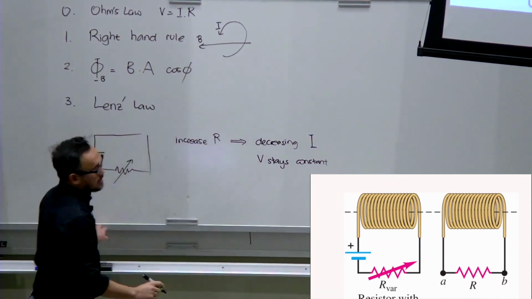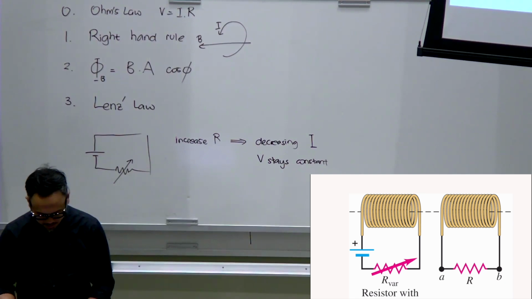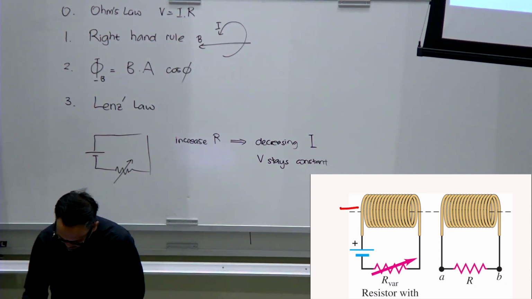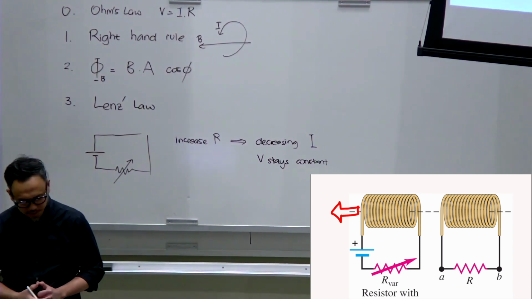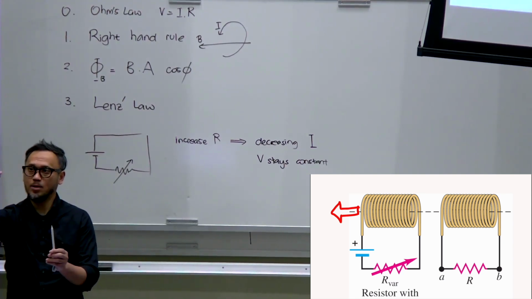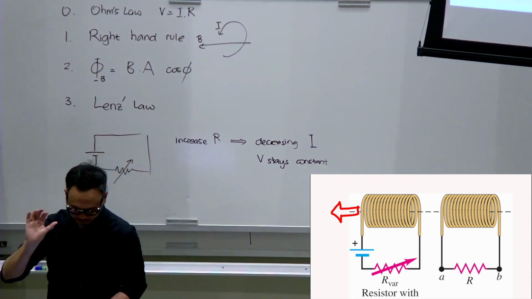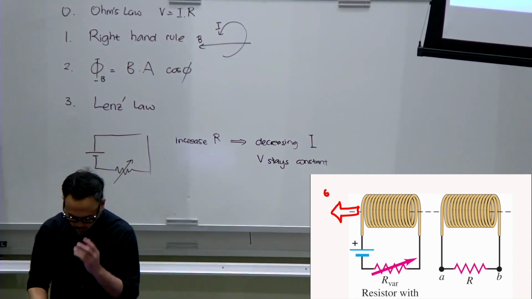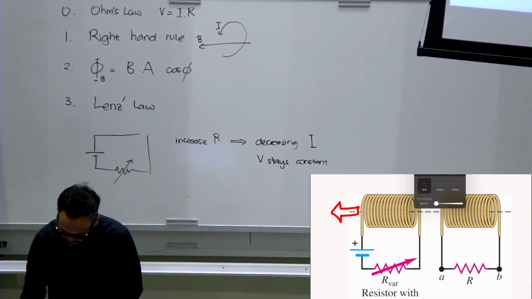So basically, back to this figure, the left coil will produce a magnetic field that points to the left. This is the direction of your thumb. So by using the right-hand rule, we know the direction of the magnetic field.